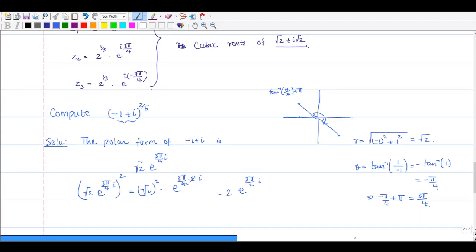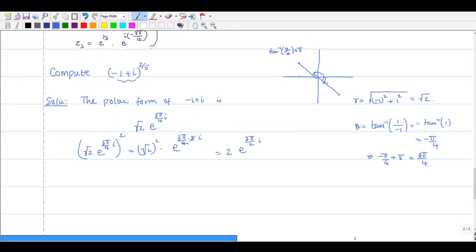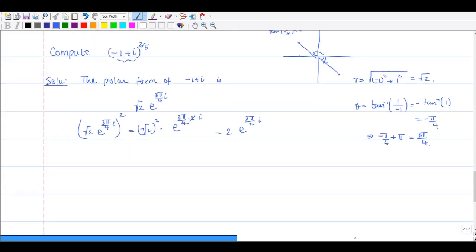Okay, இப்போ என்ன பண்ண போறேன் அப்படின்னா fifth root கண்டுபிடிக்க போறேன். Now let z is equal to, I'll make it rho e to the power I theta such that என்ன எழுதிக்க போறேன் அப்படின்னா z to the power 5 which is equal to this complex number. ஓகேங்களா, so 2 e to the power 3 pi by 2 i.